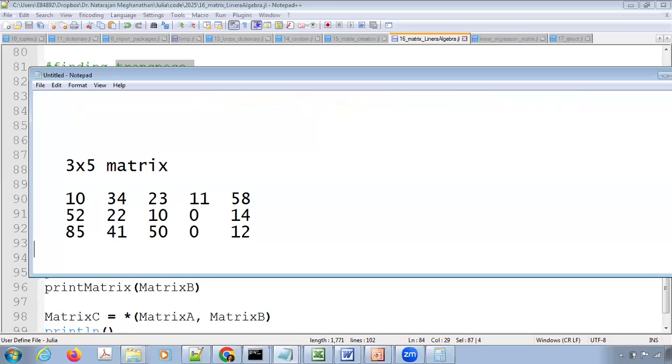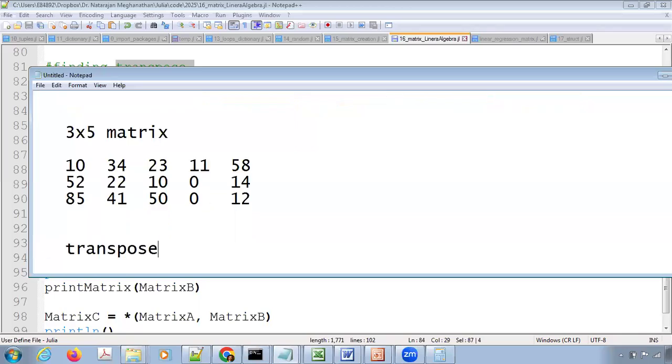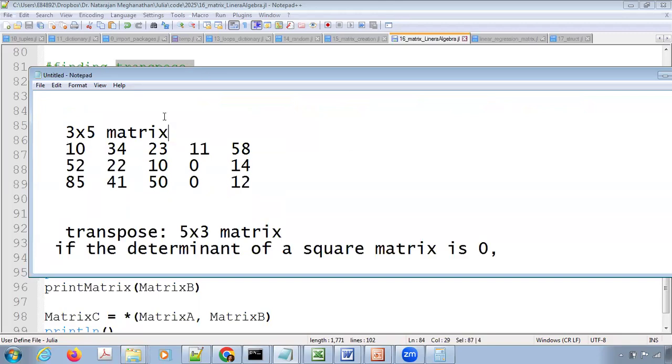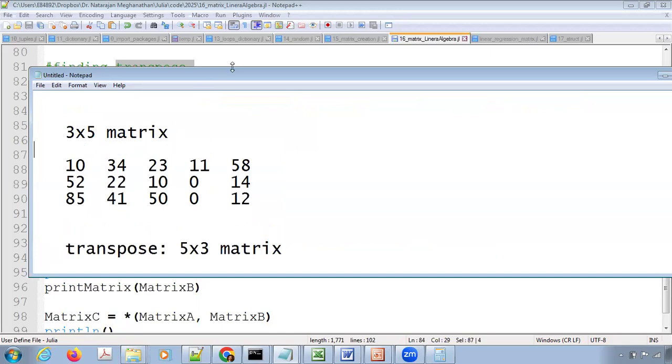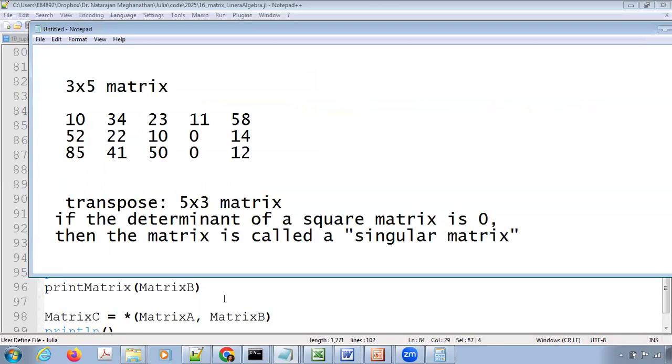If you want to write its transpose, the transpose would be a 5 by 3 matrix. So the first matrix has 3 rows followed by 5 columns. The transpose will be 5 rows and 3 columns.